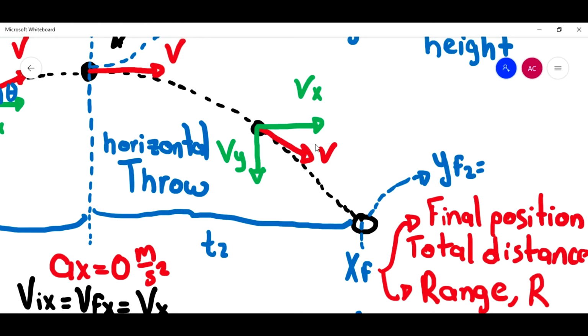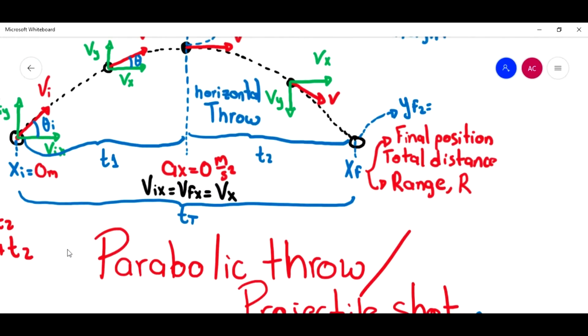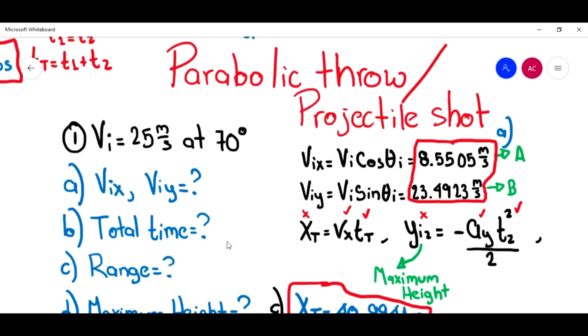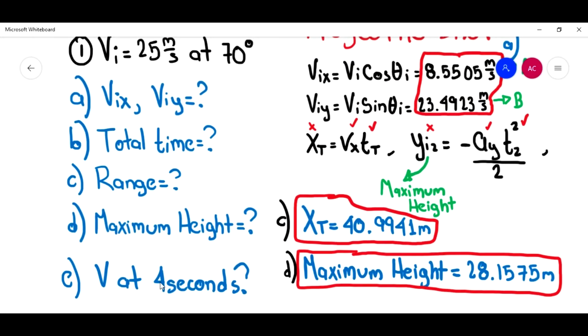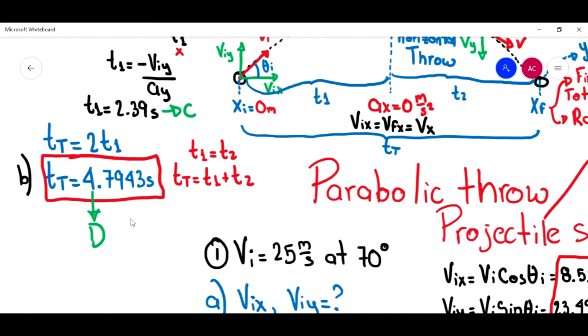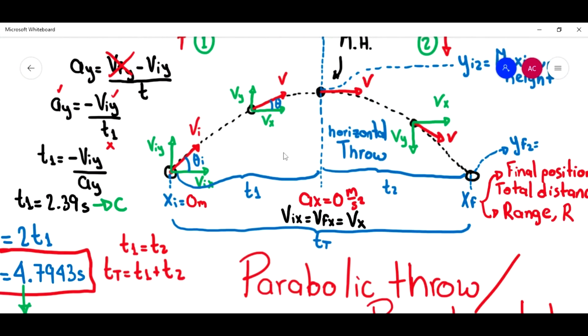And if I'm asking you to find the resultant vector, I need you to find the angle too, magnitude and direction. Now you need to see something. 4 seconds, okay? The total time is 4.7. So the object at second number 4 is going to be over here.